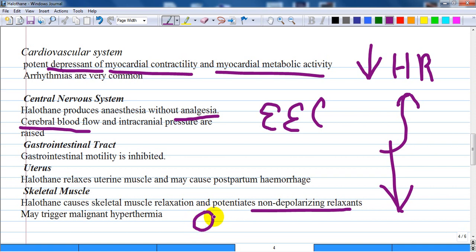So be careful with this and give some oxygen to the patient to prevent this undesired effect. Halothane may trigger malignant hyperthermia, as other inhalatory anesthetics and succinylcholine. You should suspect malignant hyperthermia in a patient if you are using inhalatory anesthetics.